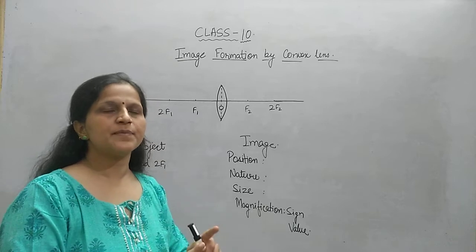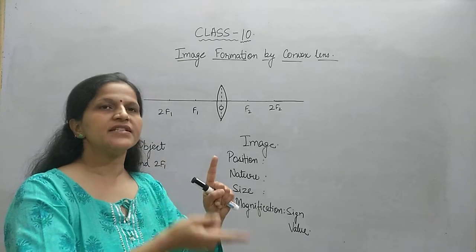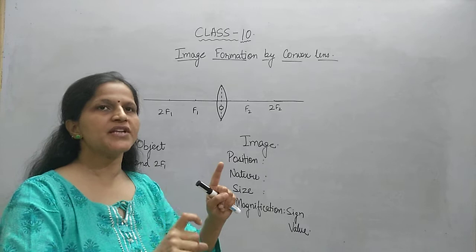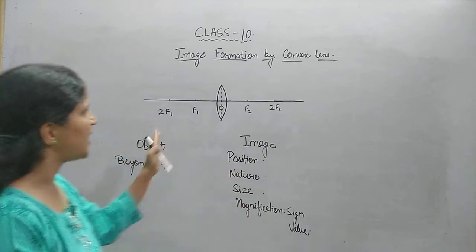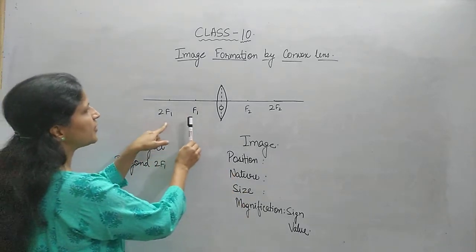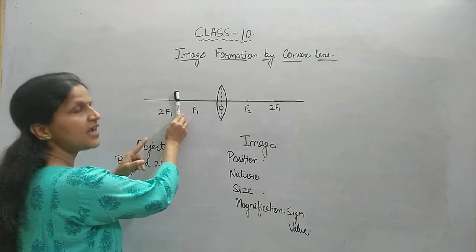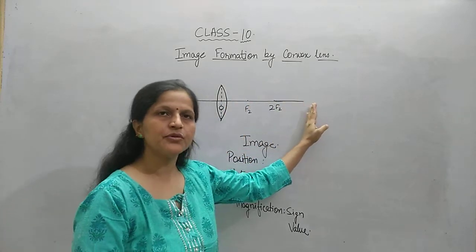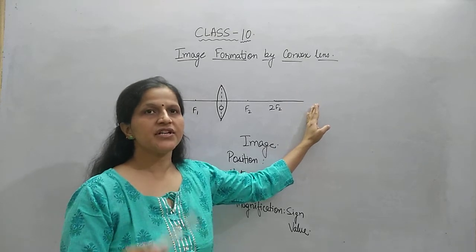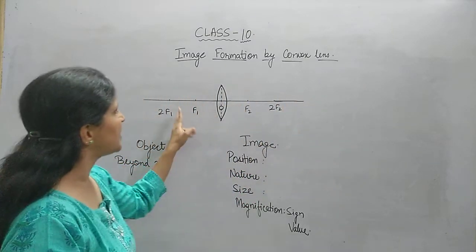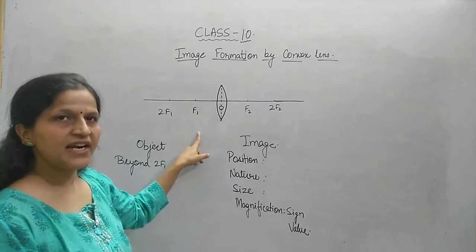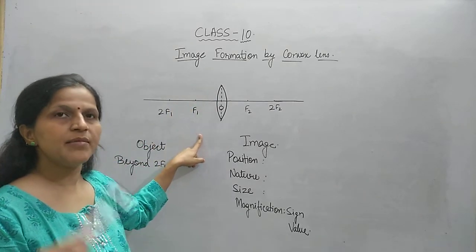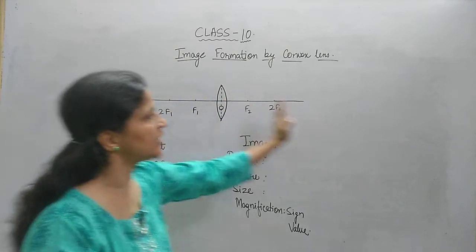When the object is placed at C, we get the same size inverted image at C itself. In the next case, you have to place the object between 2F1 and F1, and you will find that the image will be formed beyond 2F2 and it will be an enlarged and inverted image. Next, you will be placing the object at F1. You will find that the image is formed at infinity on that side.